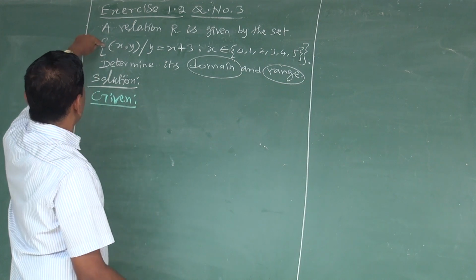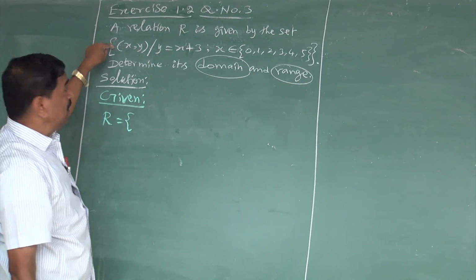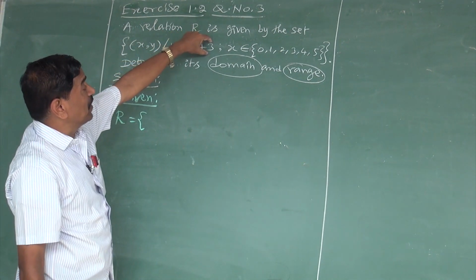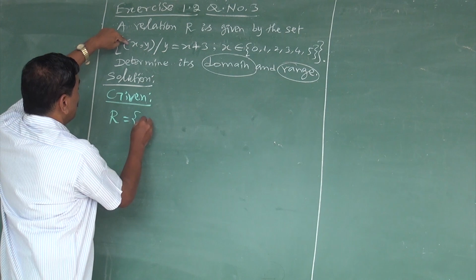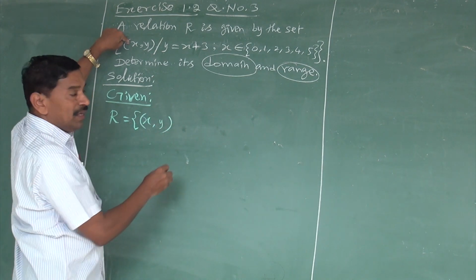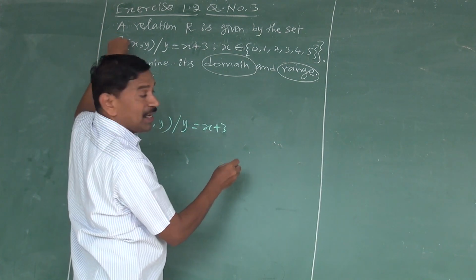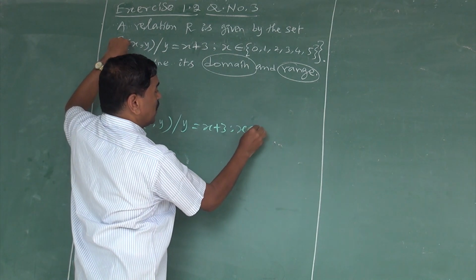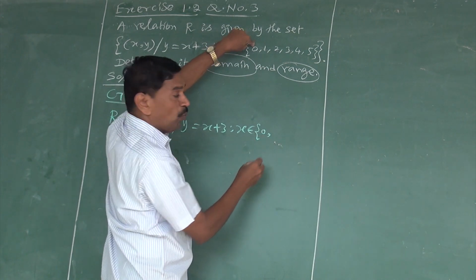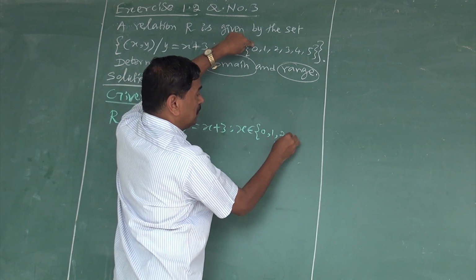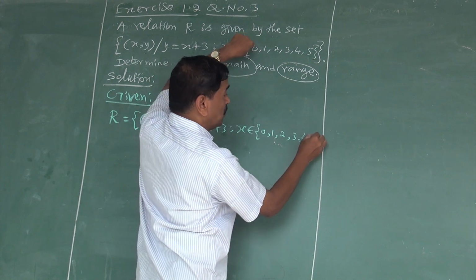Given the relation R, it is in this set builder form, and you want to name it as the relation R. The relation R is equal to the set of x comma y such that y is equal to x plus 3, x belongs to the set 0, 1, 2, 3, 4, 5.